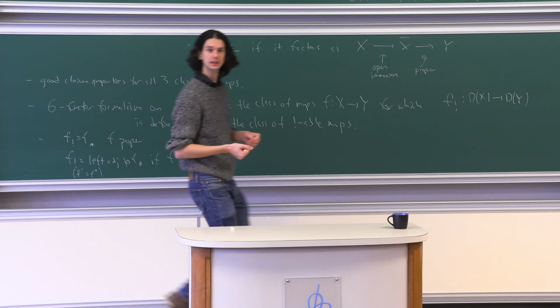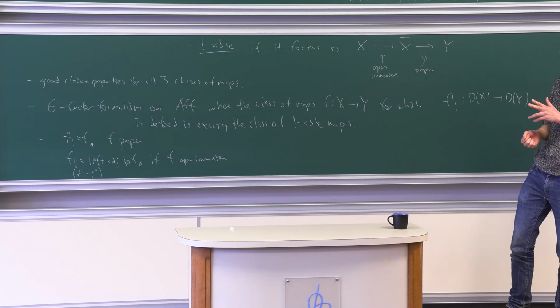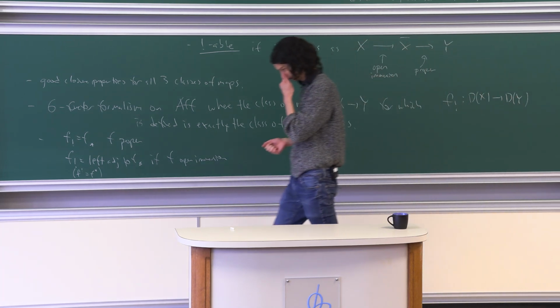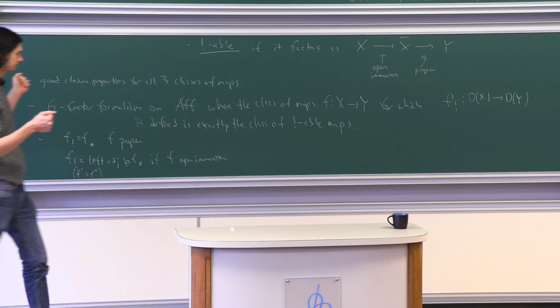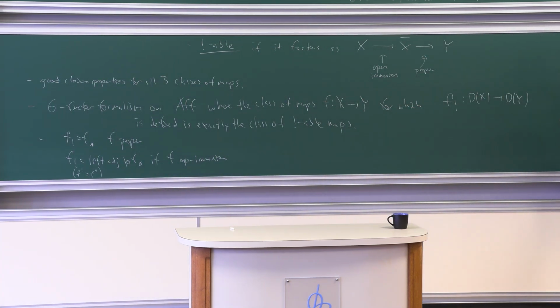Is there a map from f lower shriek to f lower star in general? Yes, there is. Maybe not exactly in this full generality.